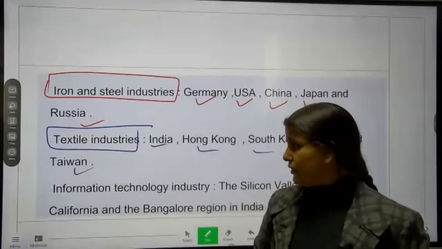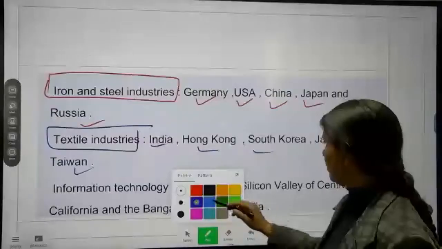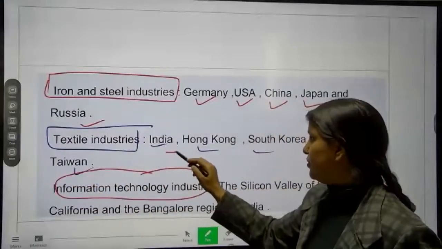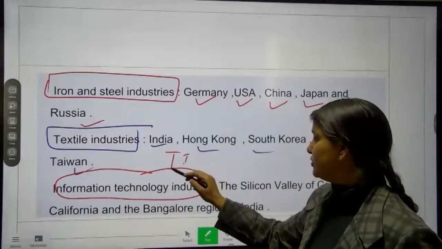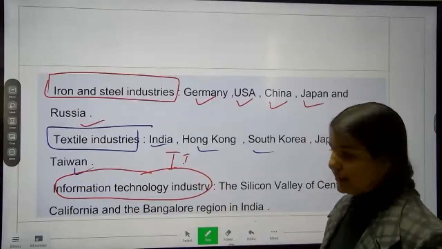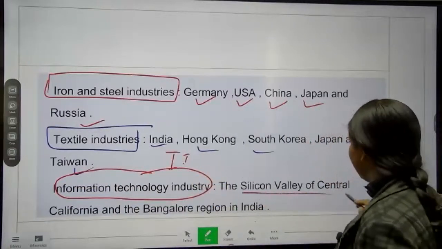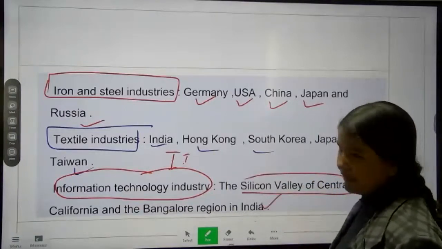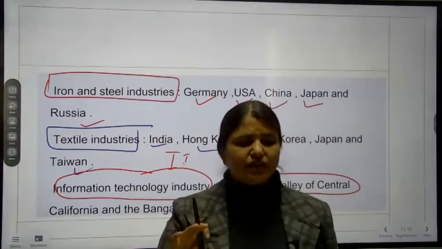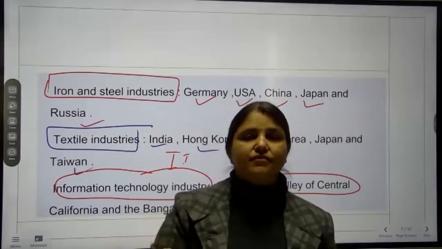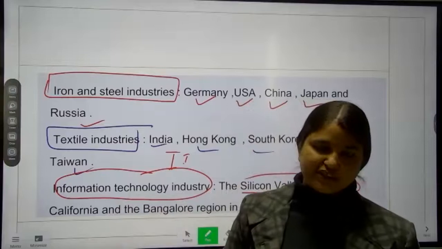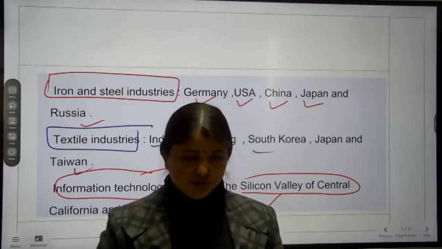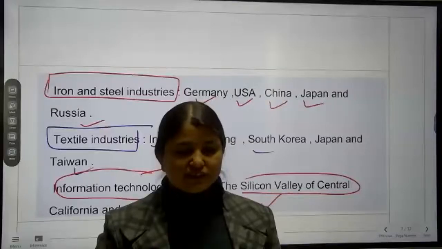The third one is the information technology industry, or IT industry. IT industries are located in Silicon Valley of Central California and the Bangalore region in India. These are the major places where we find these types of industries. I hope this is clear to you all. Show me your thumbs up if this is clear to you all.